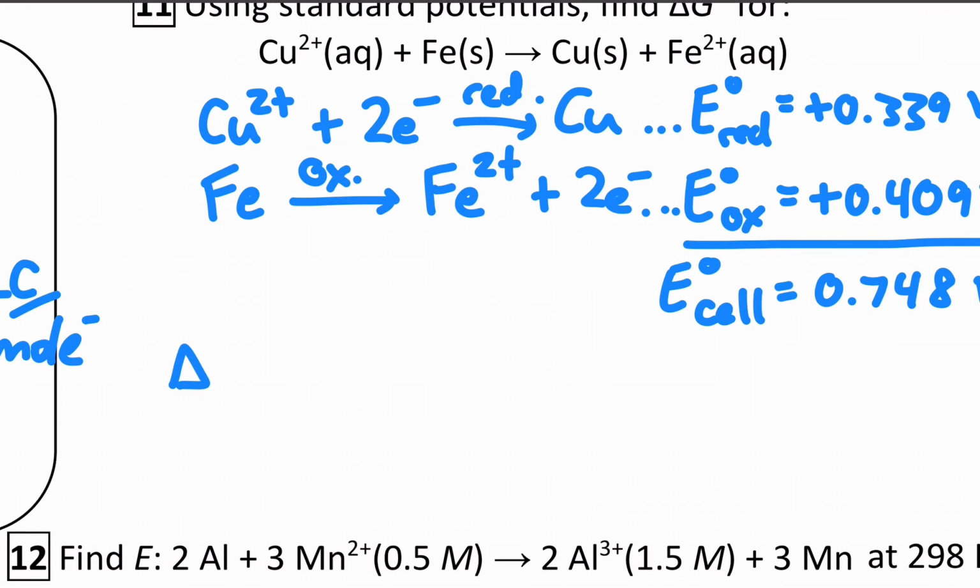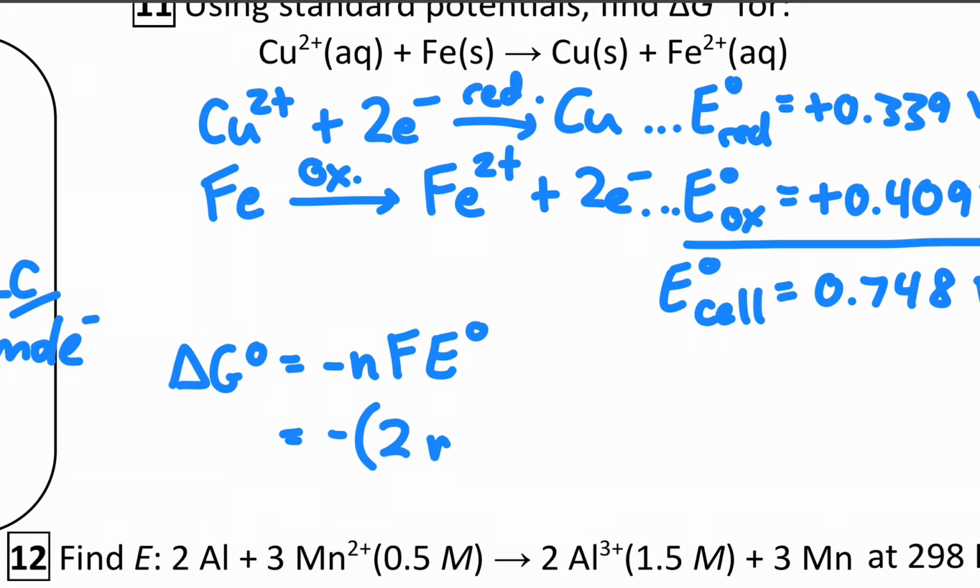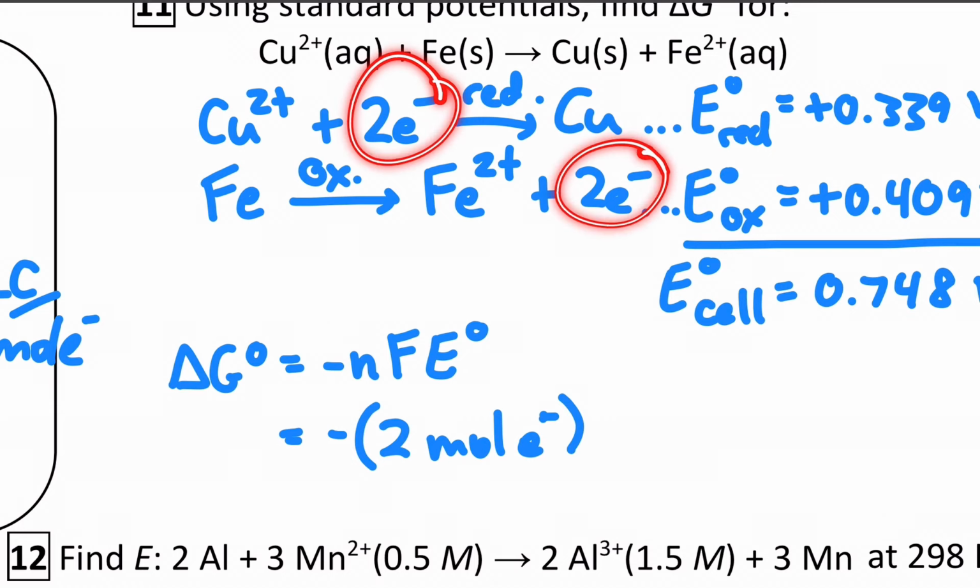And now we can use our new equation for today. That's delta G standard is negative nFE standard, which is negative 2 moles of electrons. That's because we have 2 electrons in the half reactions once they're normalized.